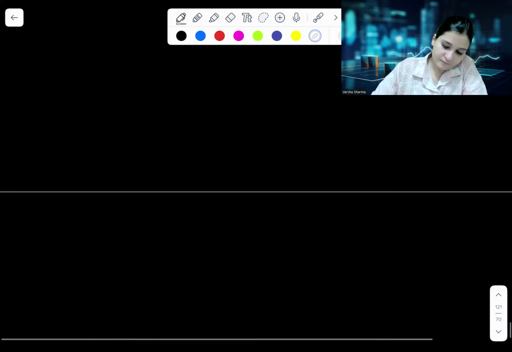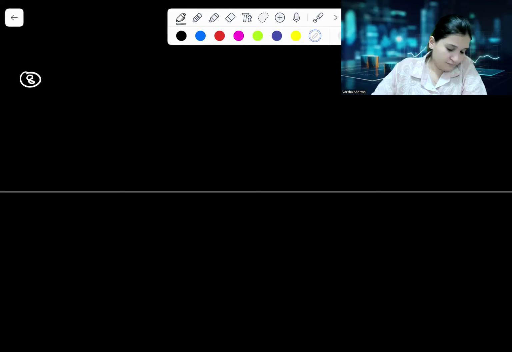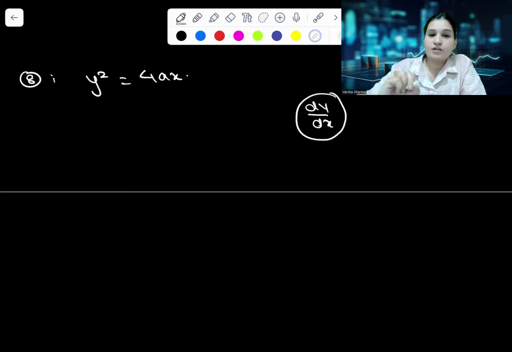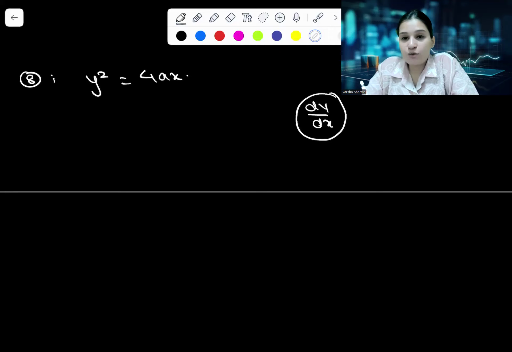Number 8. Number 1. y square equals 4ax. We want to find first dy by dx. So we will differentiate with respect to x.